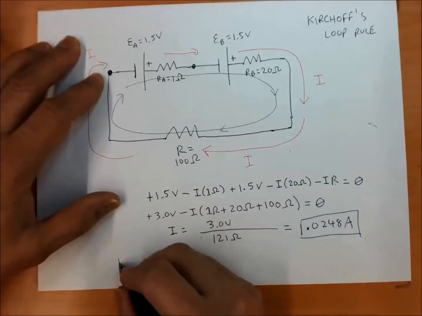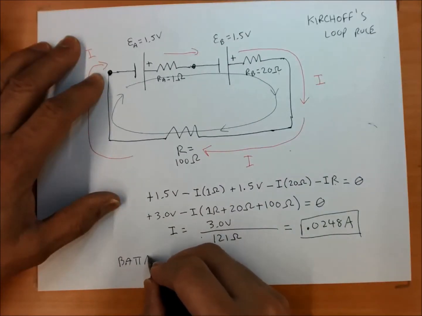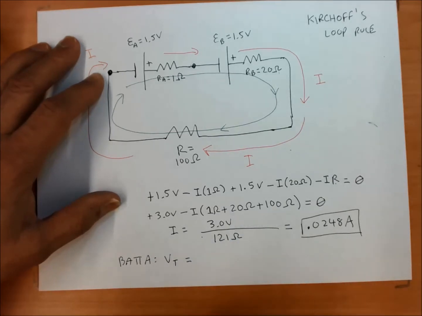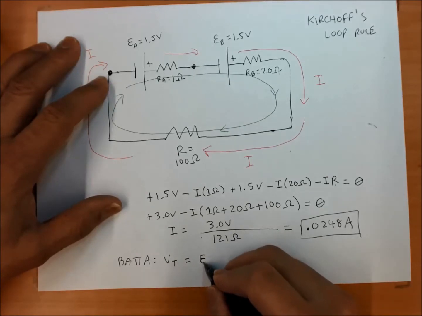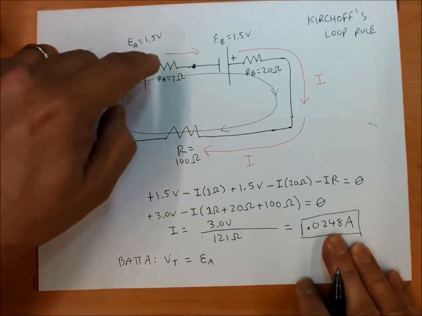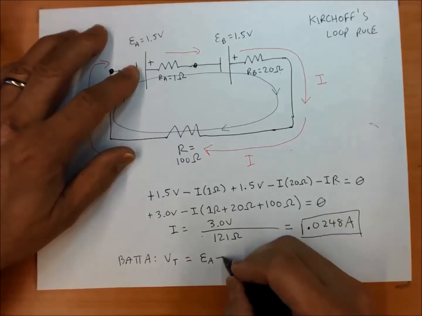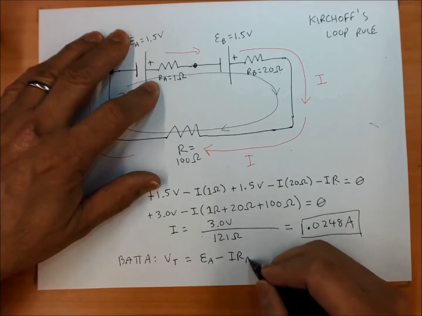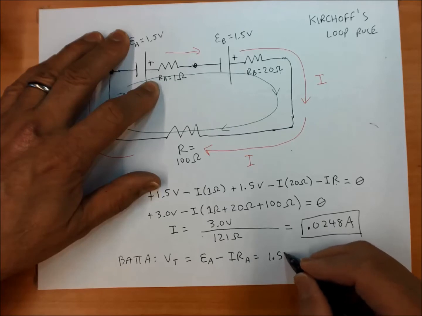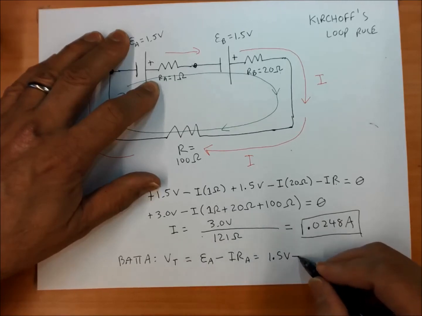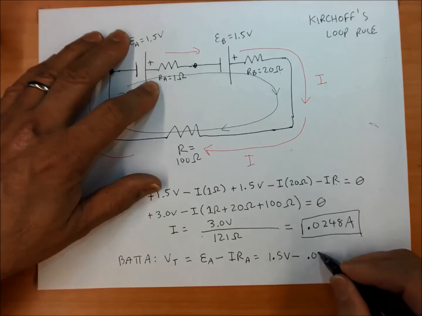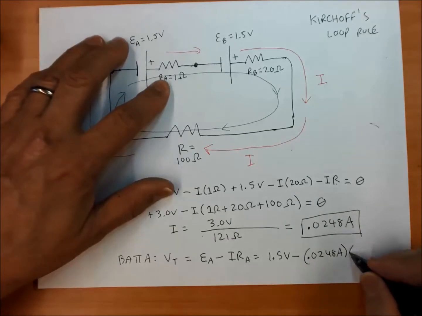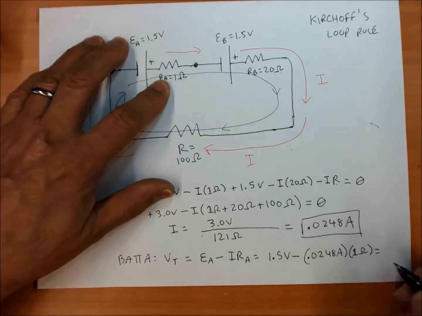And if I add that voltage drop to the EMF, that would give me my battery terminal voltage. So let's do that. For battery A, V terminal across the two terminals of the battery is equal to the electromotive force, that's my boost I get from going from there to there, minus the drop, which is I times R sub A. So that would be 1.5 volts EMF minus my current, which I now know to be 0.0248 amps, multiplied by the internal resistance of the first battery, which is 1 ohm.